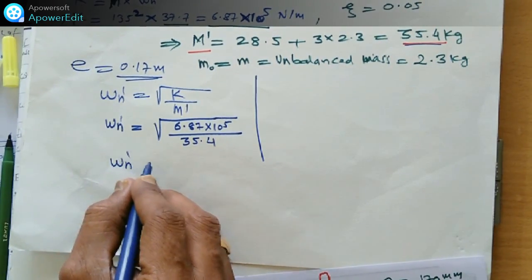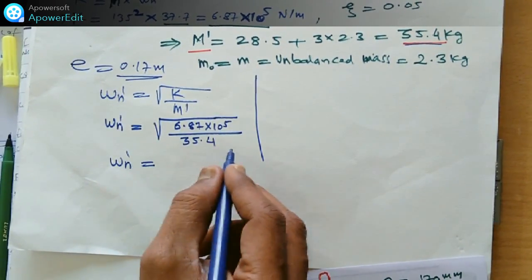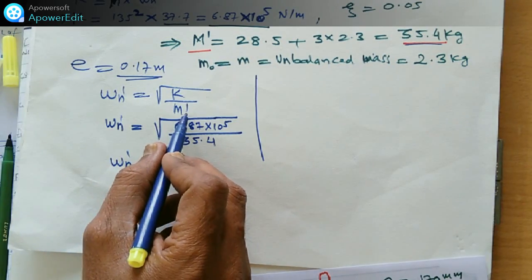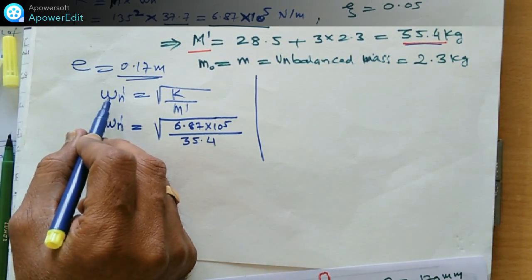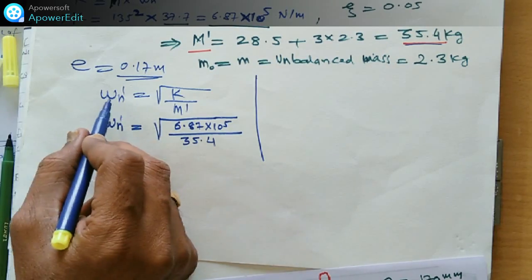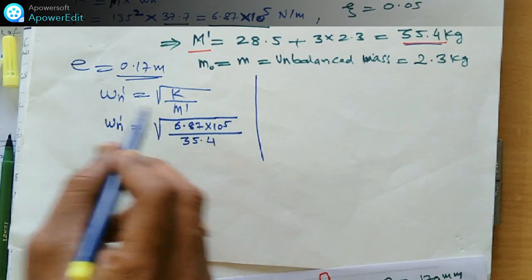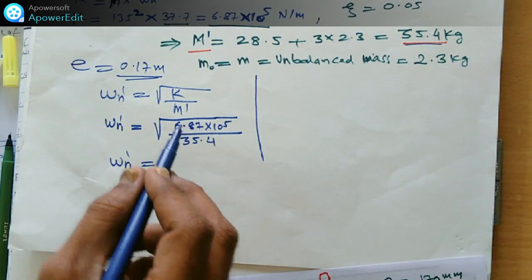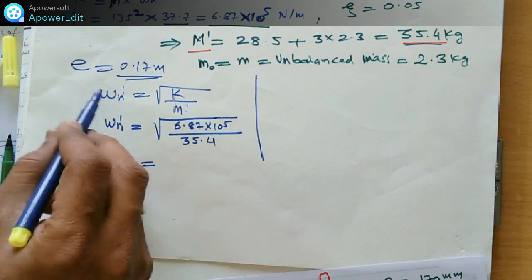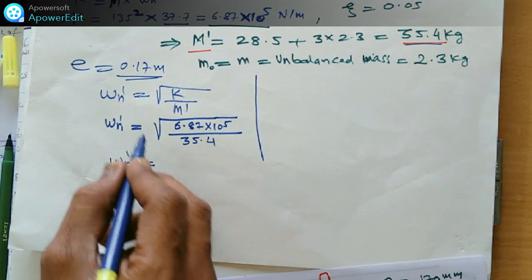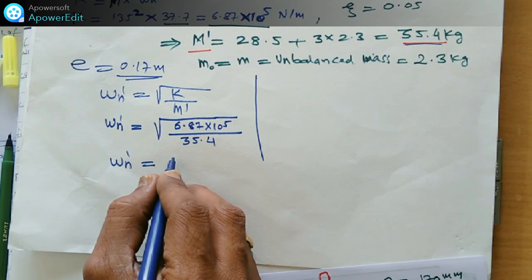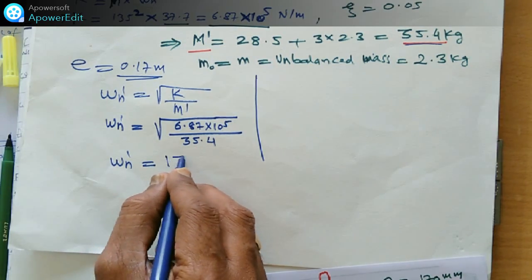Why? Because m dash is reduced, and omega n dash and m dash are inversely proportional. That's why the value is increased, and after calculating on the calculator it is 139.31 radian per second.